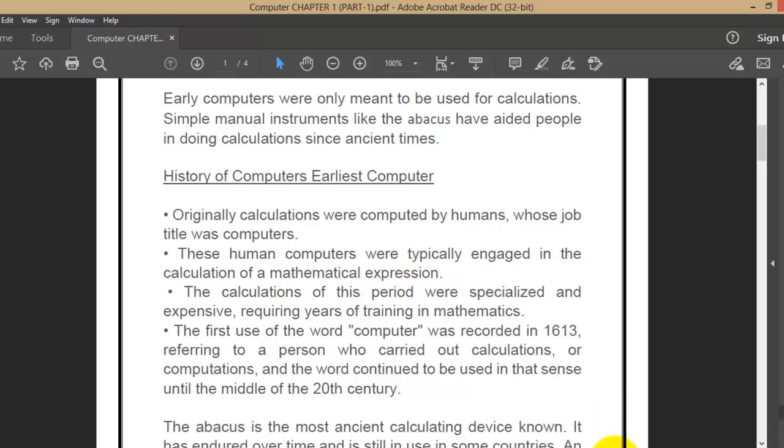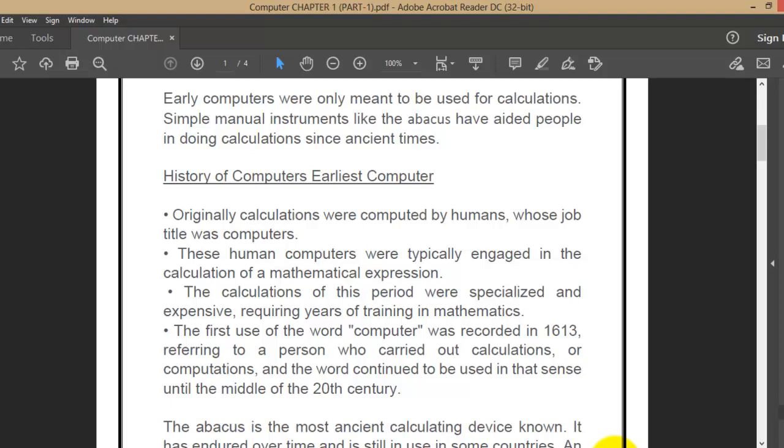These human computers were typically engaged in the calculation of mathematical expressions. So before this computer device was developed, a human being was called a computer, because that title was meant only for calculation purposes. The calculation of this period was specialized and expensive, requiring years of training in mathematics, and it was very hard work. Now it has been reduced by using these devices in modern times.